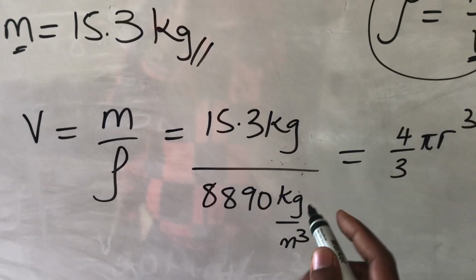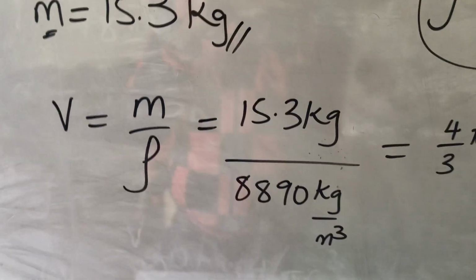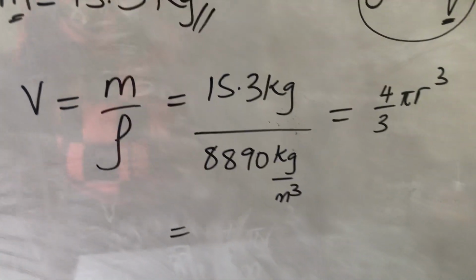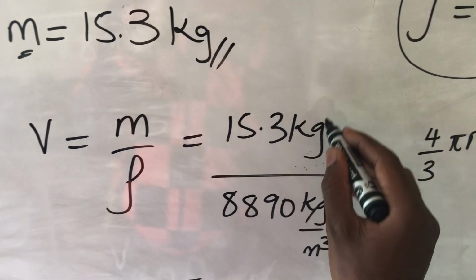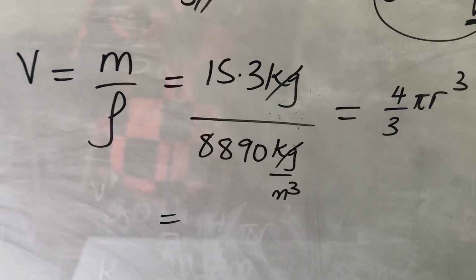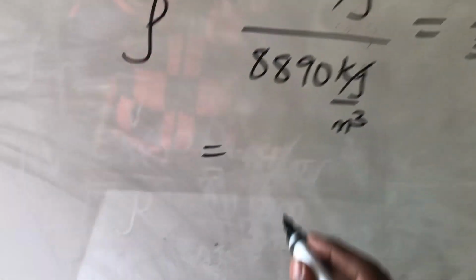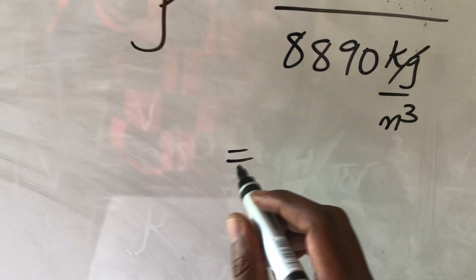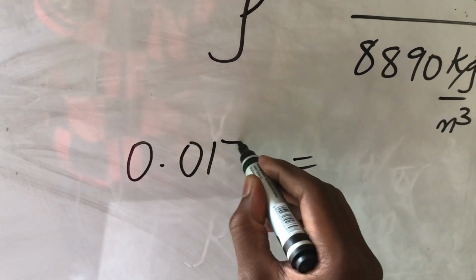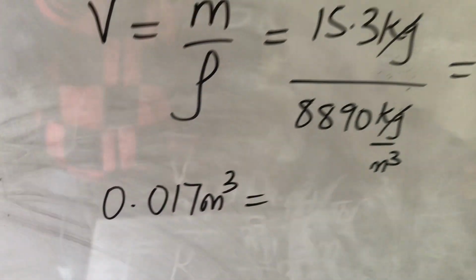If we simplify this, I'm not quite sure, but my calculator is telling me that, remember the units, they will cancel, and our final answer must have cubic meters as the final unit. So my calculator is telling me that if you punch this, you expect to have something like 0.017 cubic meters. Please confirm this.